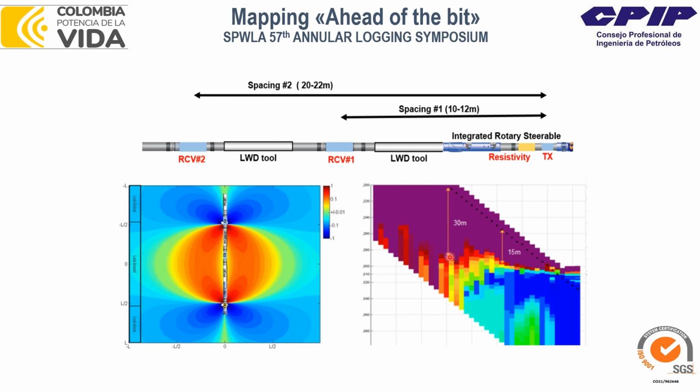The closer it gets to the formation, the more accurate information it gets. For example, in this particular case, it's 30 meters from the bit to the layer. And exactly at this point, we have this result from the resistivity. So we are already 30 meters ahead of the bit, and we start to see this conductive layer approaching.